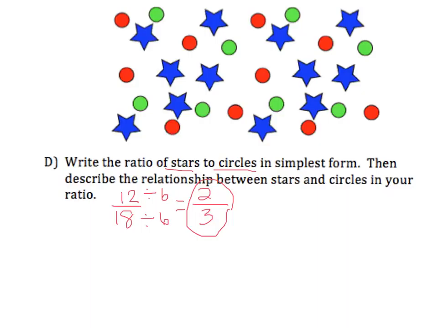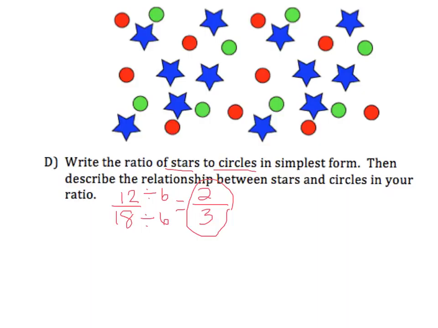So the second part of this says, then describe the relationship between stars and circles in your ratio. So what does the ratio 2:3 really mean as far as the relationship between stars and circles? Well, 2 represents the stars.